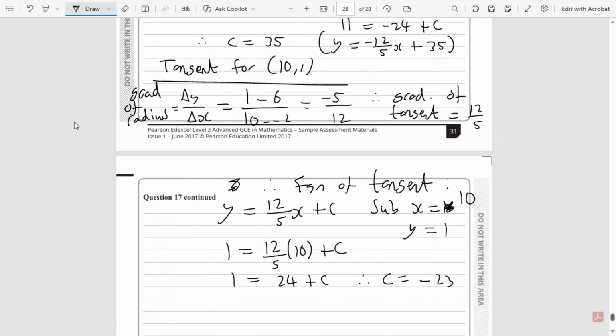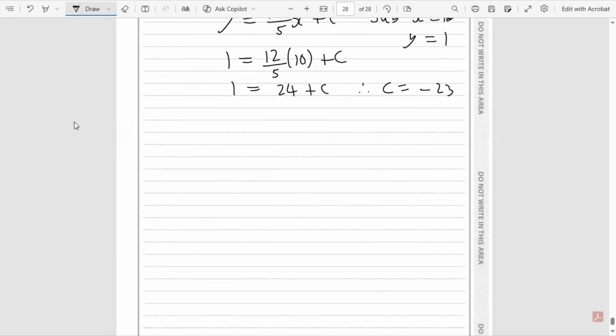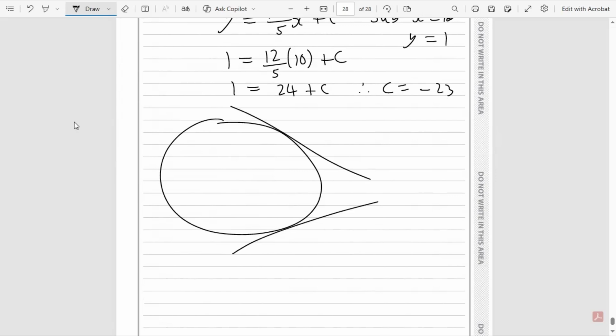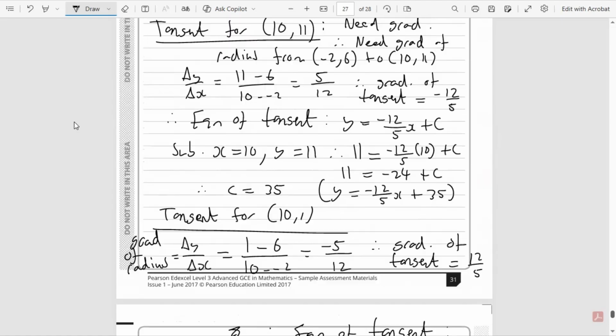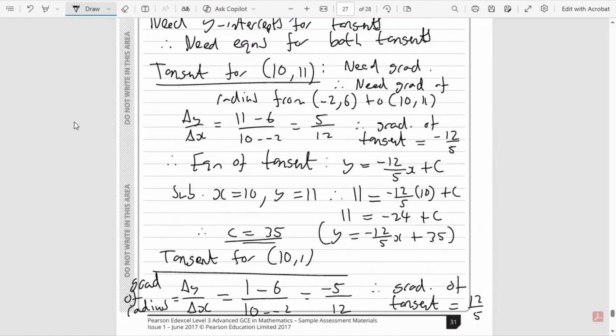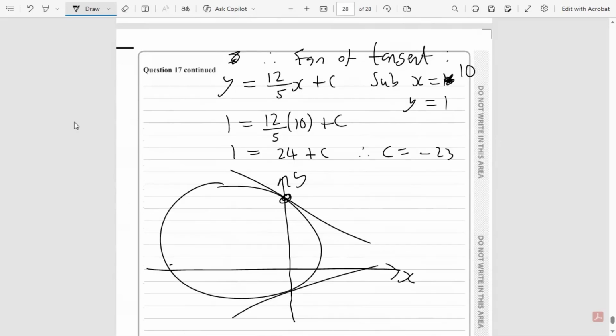Now, if we draw the diagram again, you have your tangent there, another tangent there roughly, and your y-axis, and the x-axis as well. We know the y-intercept for the top tangent is 35, and the y-intercept for the bottom one is minus 23.